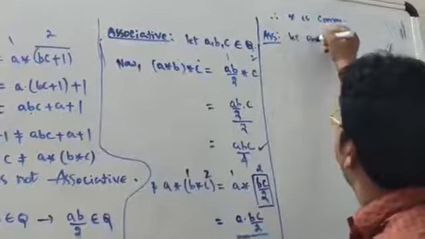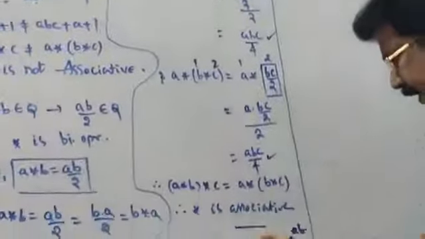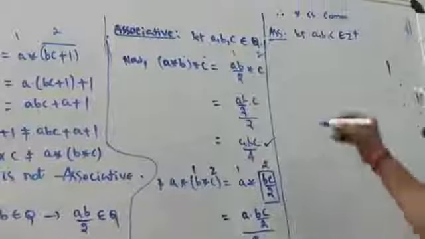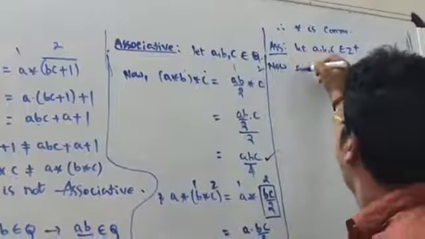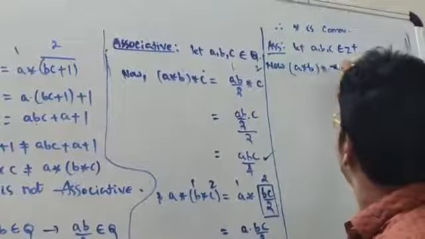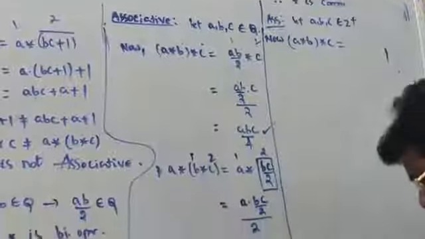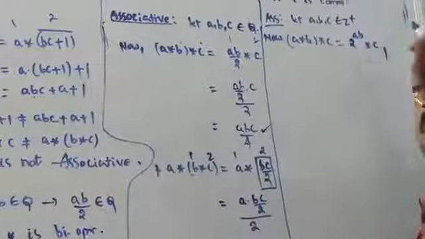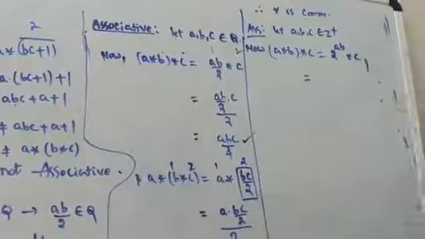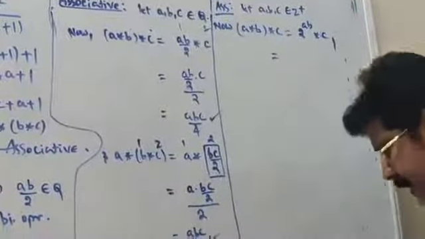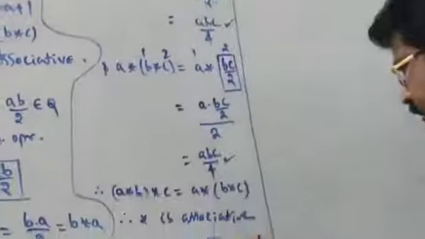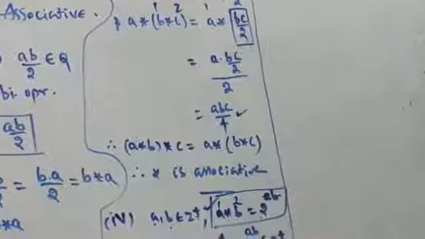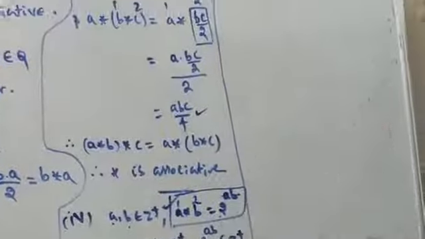Let a, b, c belong to Z plus, the given set. Now let us consider (a star b) star c. a star b is 2 power ab, so it is 2 power ab star c. a star b means 2 power first element into second element.